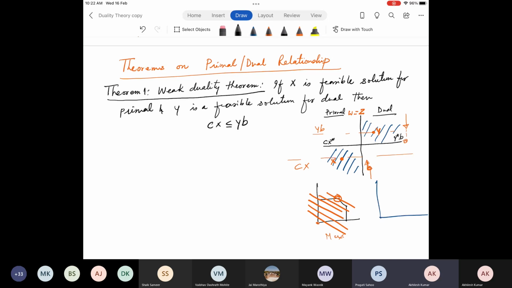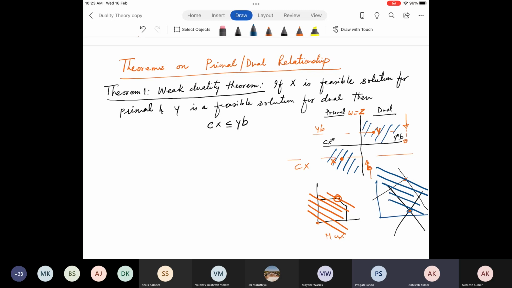When you try to minimize, suppose my feasible region is like this. Since I'm trying to minimize, I may start from a solution from here, but the minimum happens here. So my objective function line will come like this, first this.